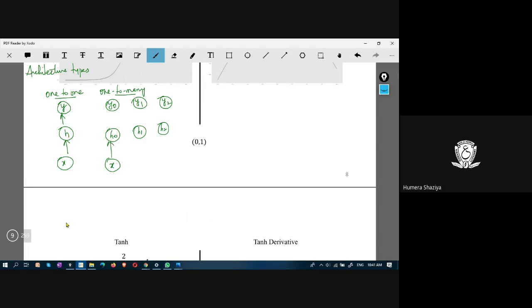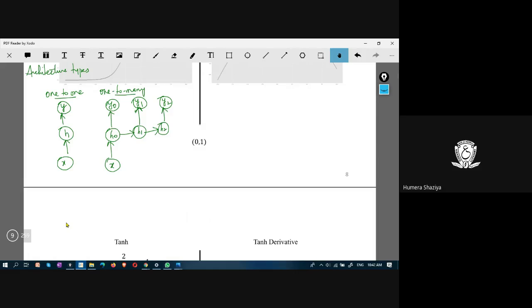So X to H0, H0 to Y, and this present state is given as input to the next state because it has to remember, and then it gives output and it passes the same value to the succeeding layer and it gives the output. This is one to many.